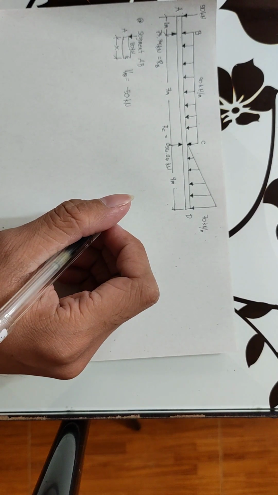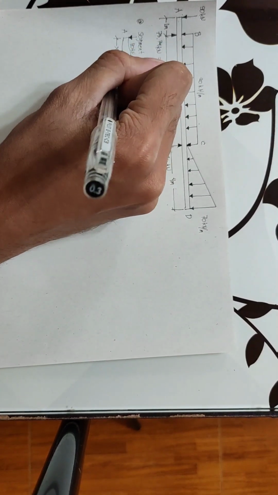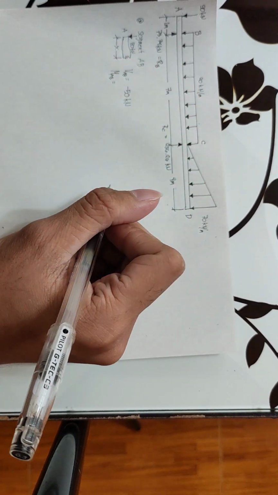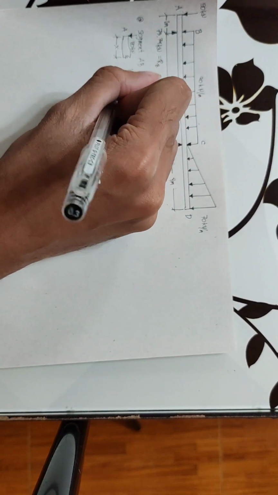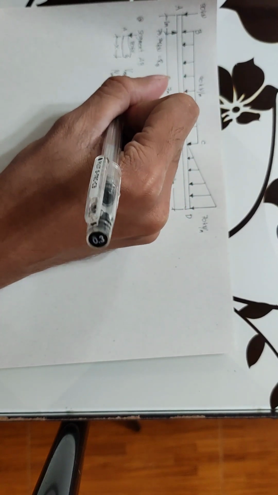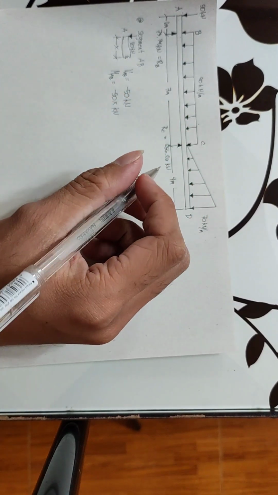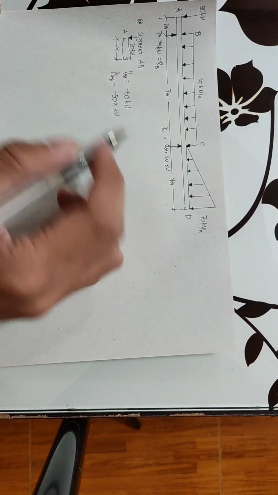To get the moment at segment AB, it will become downward, so negative 50 times the distance, so negative 50x kilonewton-meter. So that's the segment AB.